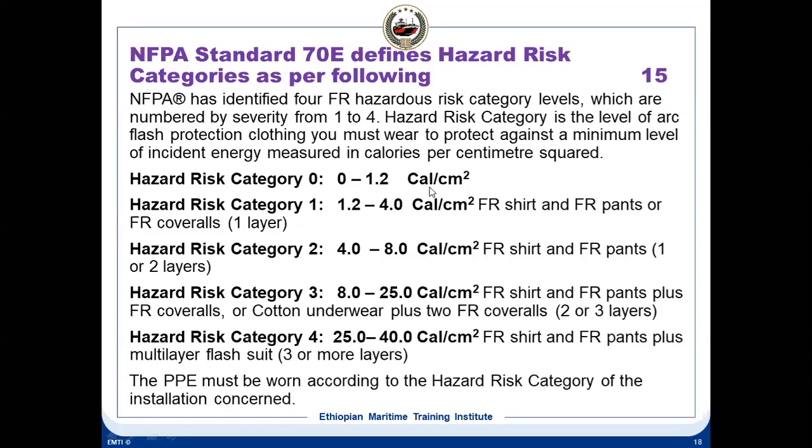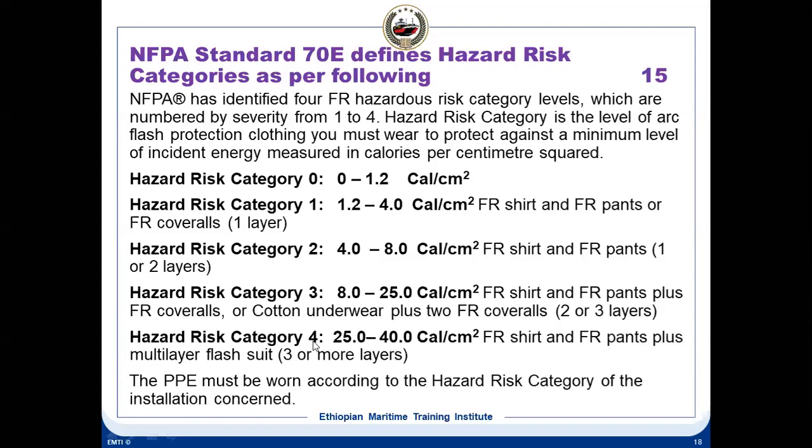So why is it written calorie per centimeter square? That will define the maximum heat energy a fabric can absorb. How much heat energy a fabric can absorb is defined by these categories.